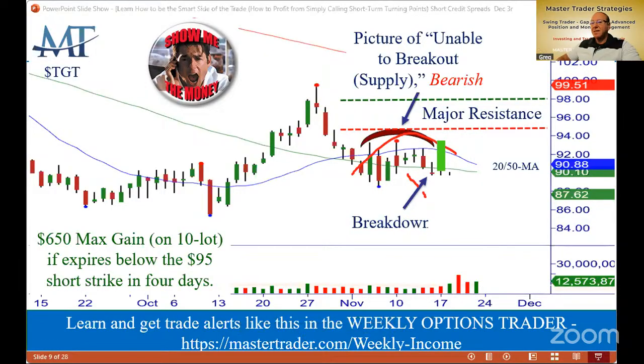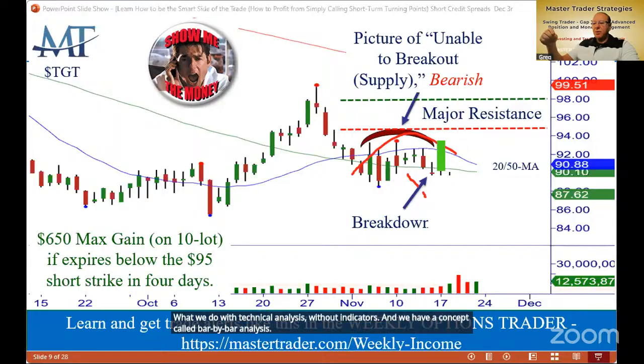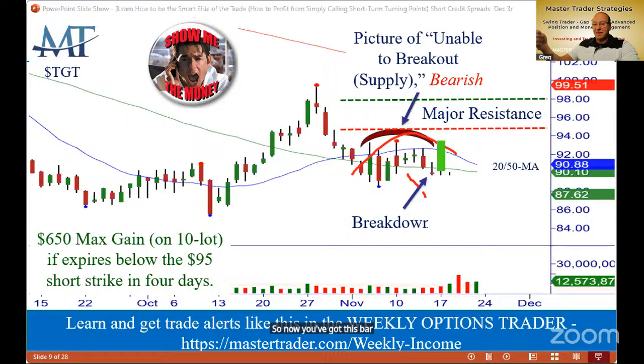That bar suggests it's going to go up, which now creates, think about the thought that it creates. That's how I like to explain what we do with technical analysis without indicators. And we have a concept called bar by bar analysis. So now you've got this bar that implies that it's going to go up.